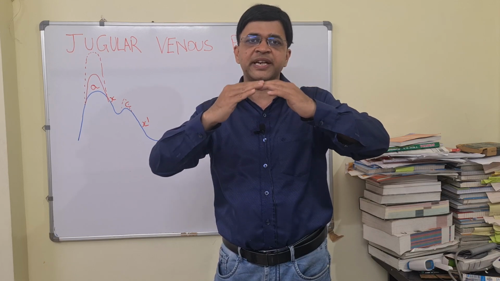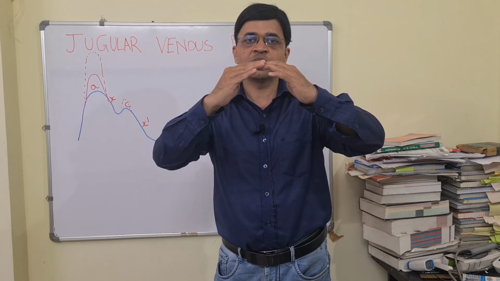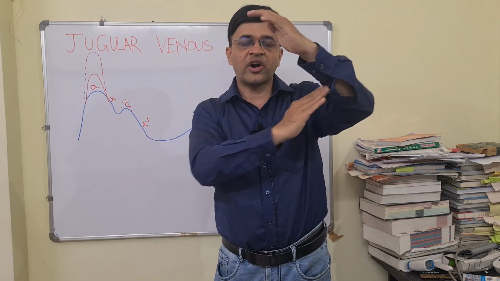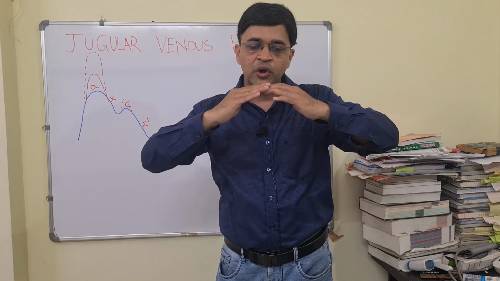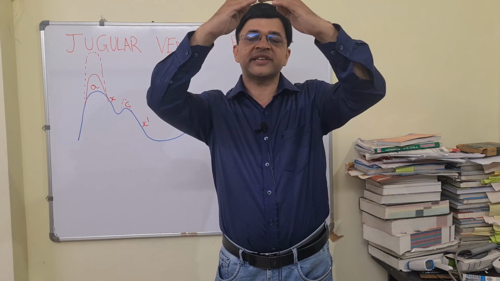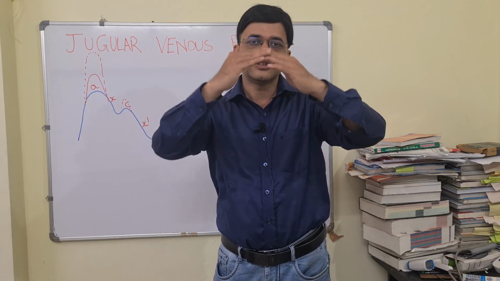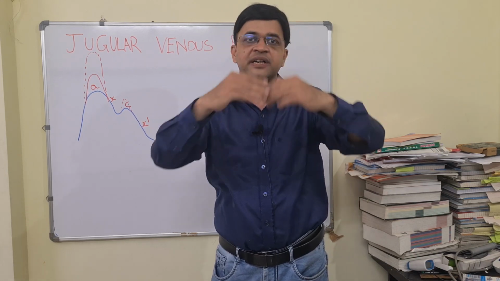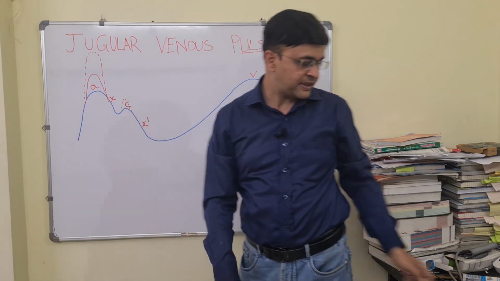What is actually preventing this valve from bulging completely into the atria? The chordae tendineae fibers. If these fibers get damaged, the valve is going to bulge excessively into the atria, and this will give us our tall C wave.